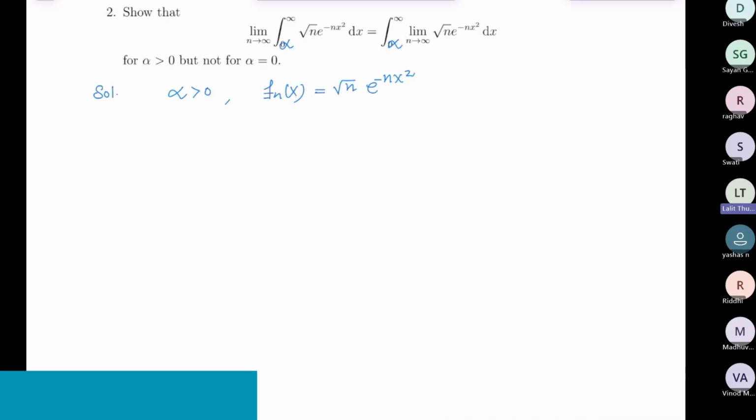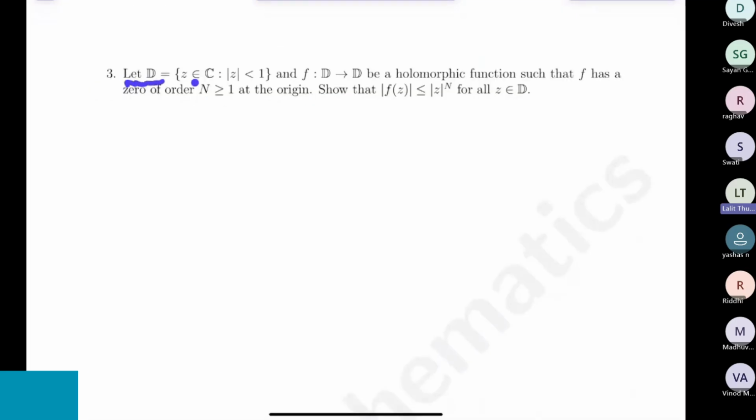I want to show that if D is the open unit disk, and we have a function f which is holomorphic from the open unit disk to the open unit disk, so that f has a zero of order n at the origin, then mod of f(z) is less than or equal to mod z to the power n for all z in D. So this is a direct application of the maximum modulus principle.